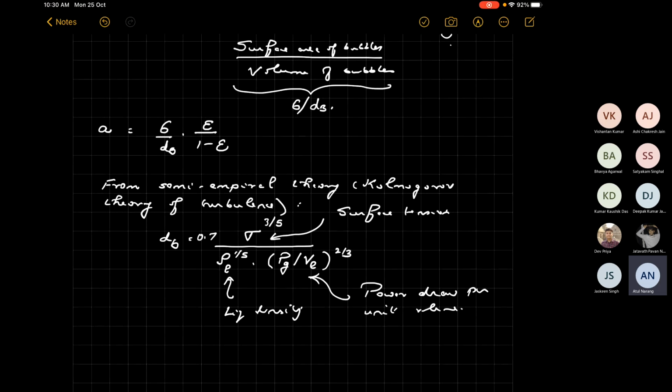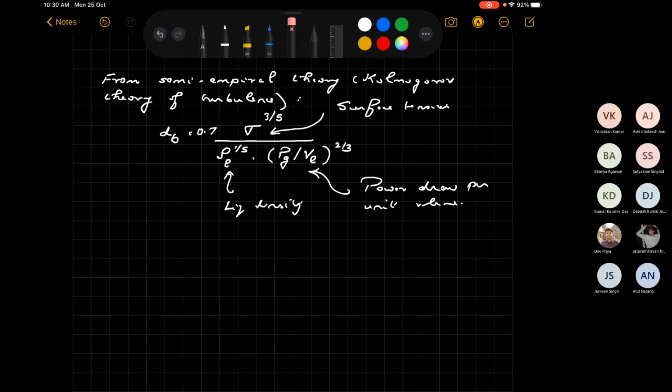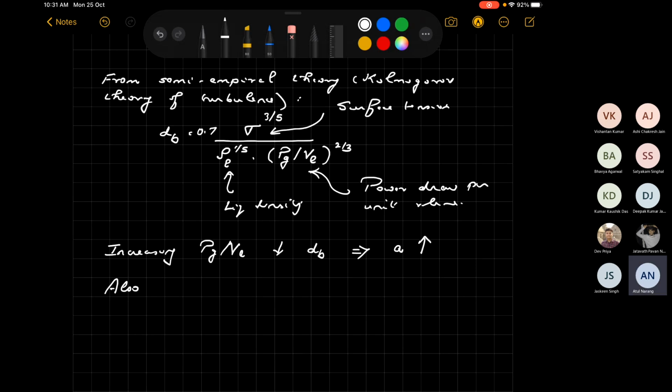So coming back to what I showed you over here, the increase in the power per unit volume.